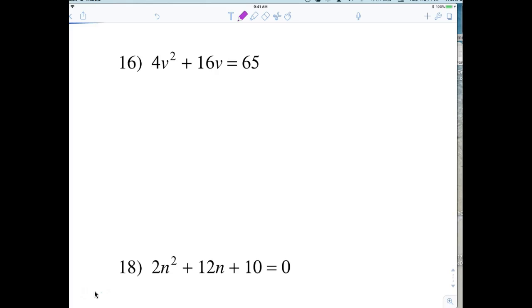The 4? That's correct. It's called the leading coefficient. The leading coefficient is not a 1, and the leading coefficient must always be 1. So in order to do that, I have to divide it through by 4 first. And when we do that, we end up with v squared plus 4v, leave a space, equals 65/4.